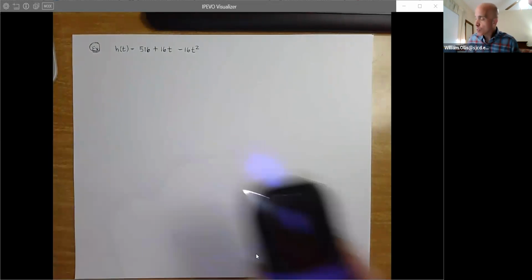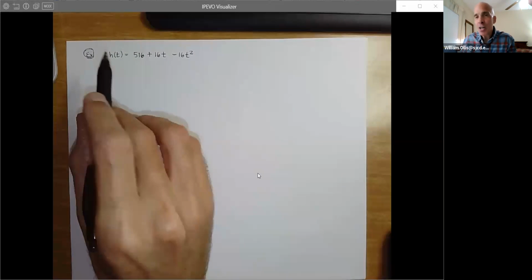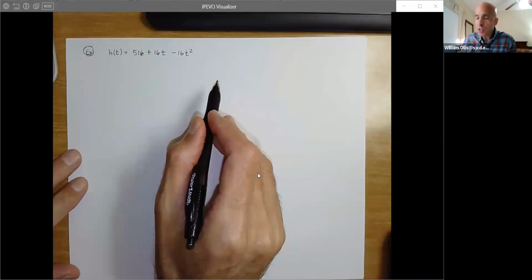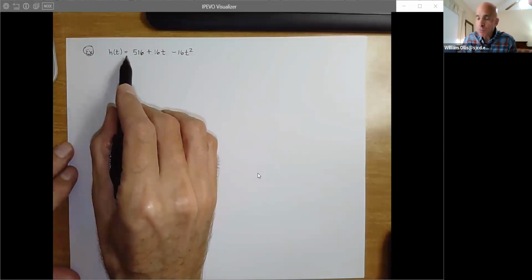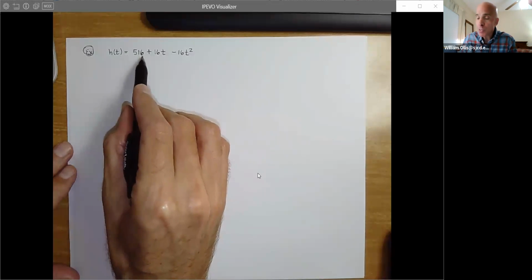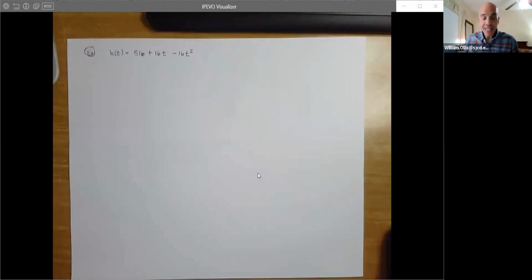So in this first example, what we have is a function. And I know I haven't formally defined the function, but for now, just think of this as a formula. So we have h of t equals 516 plus 16t minus 16t squared.